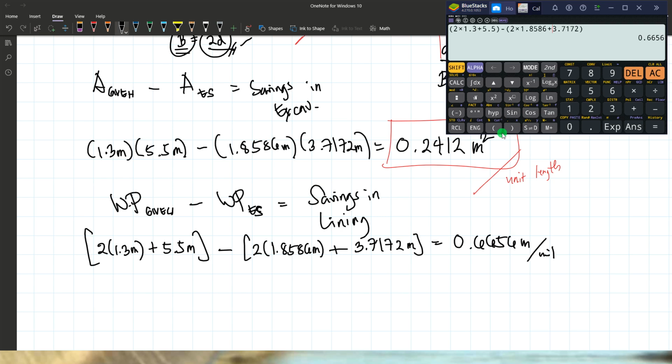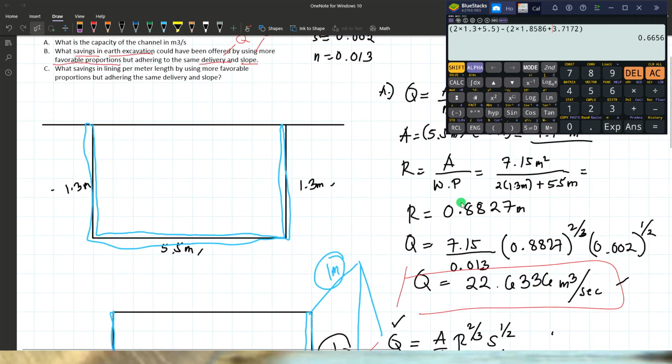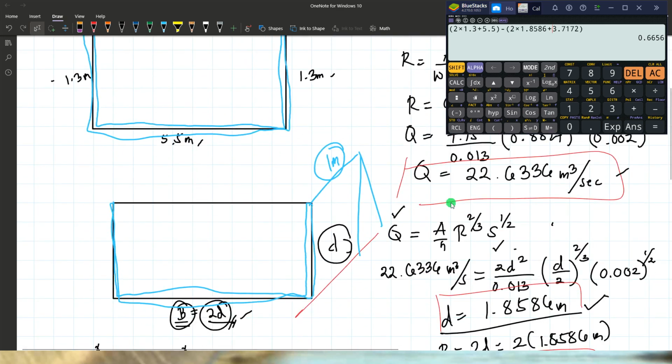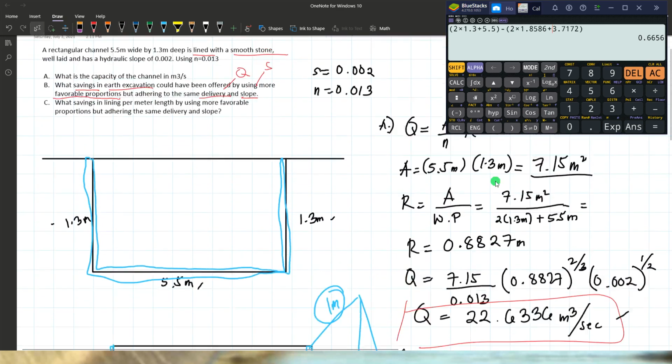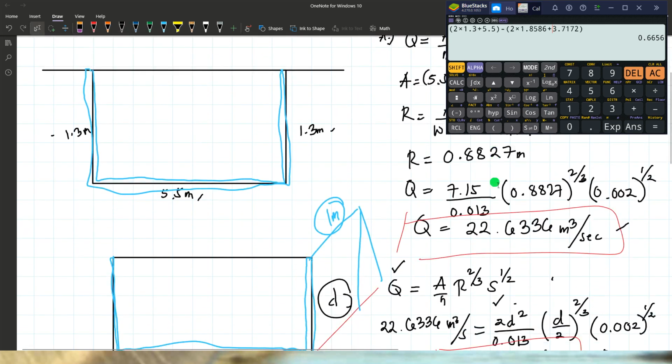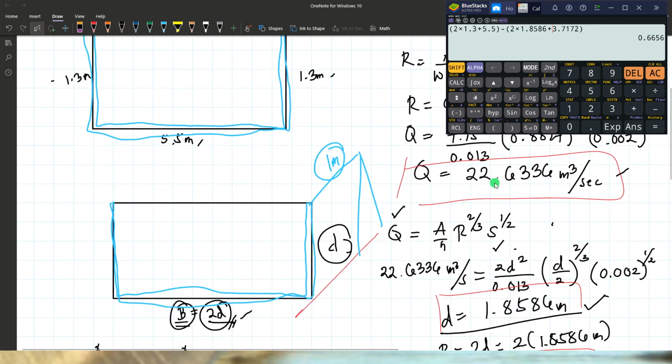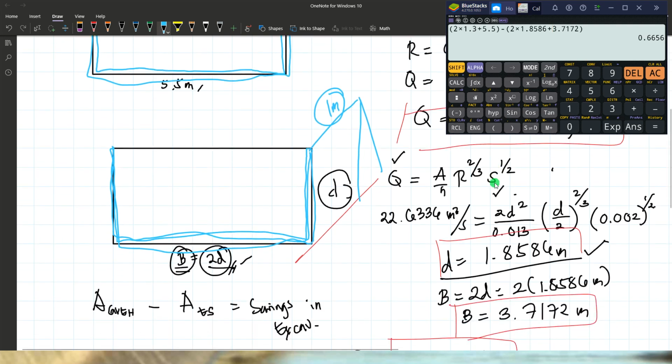But again, for lining, since we don't have a given total length of this rectangular channel, the savings in lining is per unit length. So we will express this in unit of area per unit length.